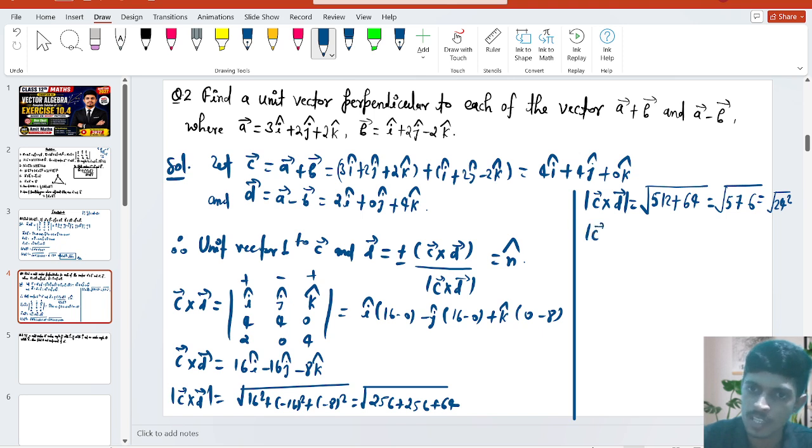So the modulus of vector C cross vector D is simply 24.